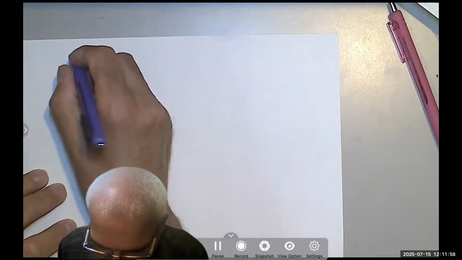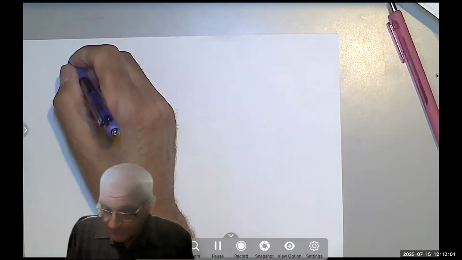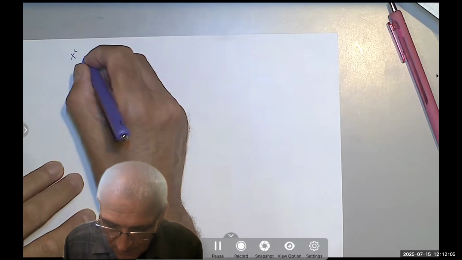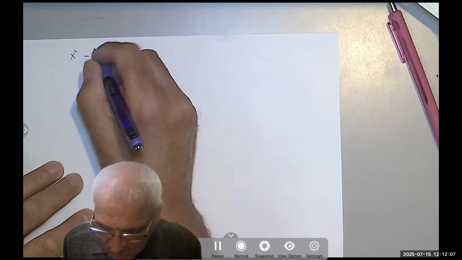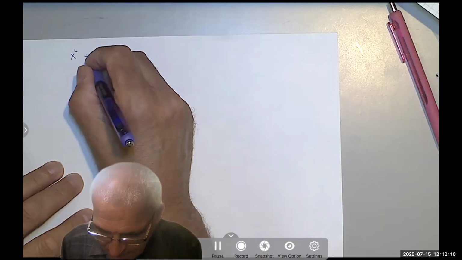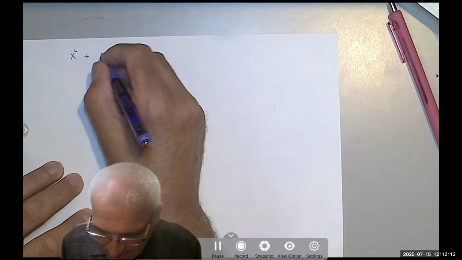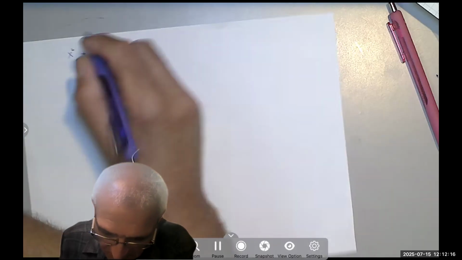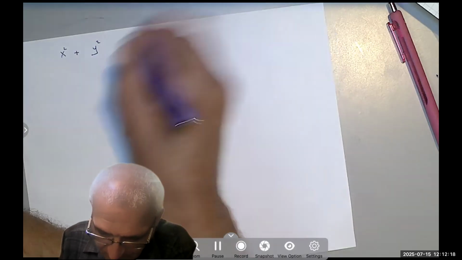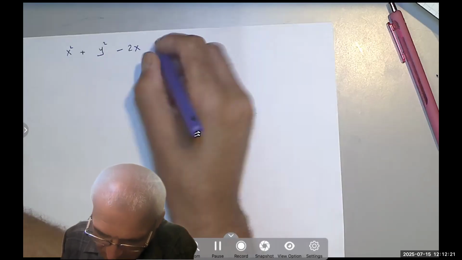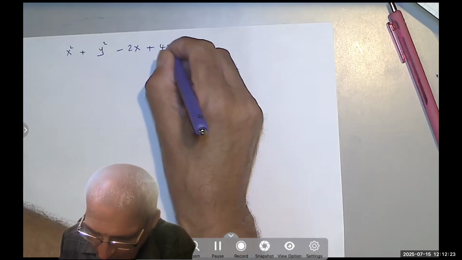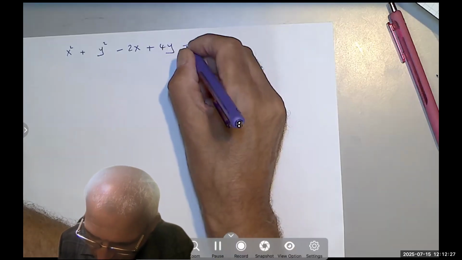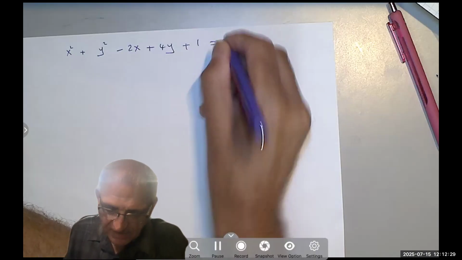So, for example, if we say x squared minus, or plus, let's make that what? y squared minus 2x plus 4y plus 1 equals 0, whatever.